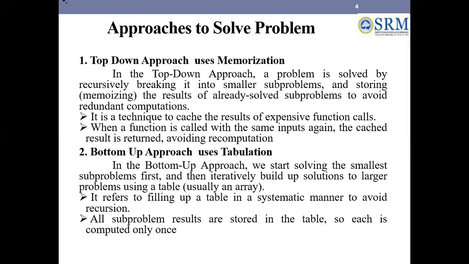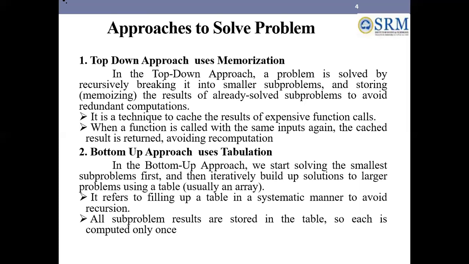So when the function is called with the same input again, the cached results are returned, avoiding recomputation. So we have multiple recursive calls with the same value. If the recursive function is already solved, those results can be reused instead of calculating again. That is called the top-down approach, memorization.